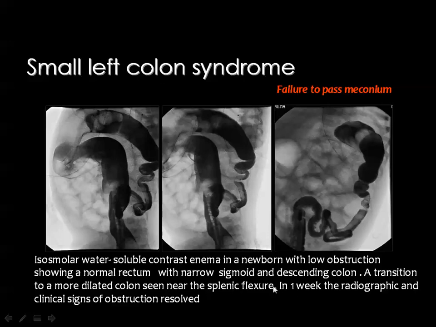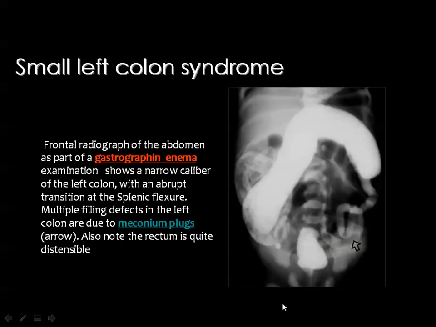This small left colon may be attributed to the inspissation of mucus plugs in the left side of the colon. This will result in this part of the colon being small, as you can see here, while the colon proximal to it will be dilated and distended.